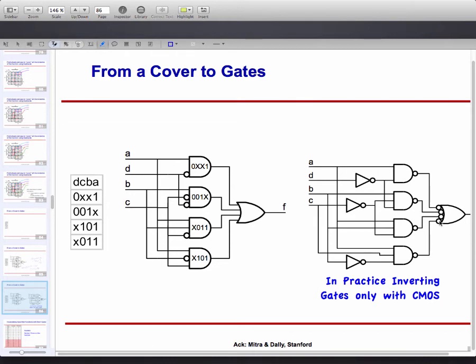So I also put bubbles at the input of this OR gate. Again, what's happening is each one of these input bubbles I replaced by an inverter. And then I converted these AND gates to NAND gates, but then put an additional bubble at the input of the OR gate. So now I have NAND gates out here, but now I have this OR gate where the inputs are all bubbled.